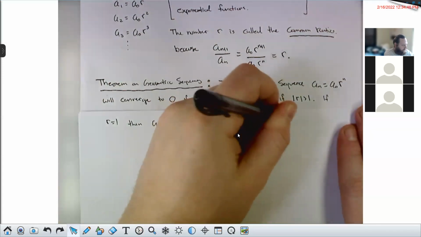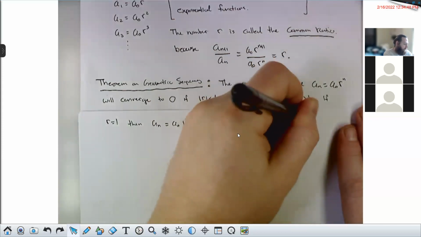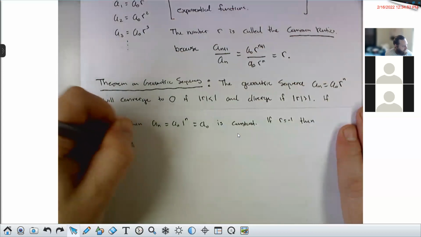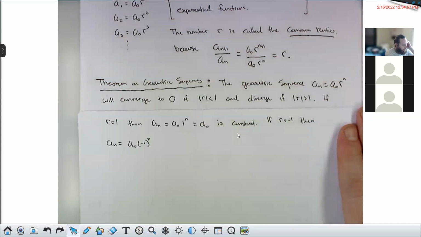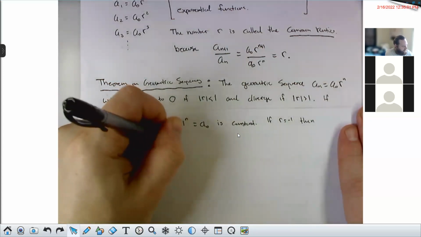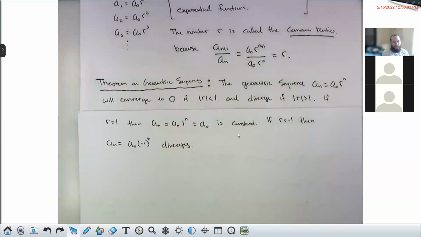If r is equal to negative 1, then a_n is a0 times negative 1 to the n, which diverges. Because it would just be a0, negative a0, a0, negative a0. Right? It's the negative 1 to the n thing again.